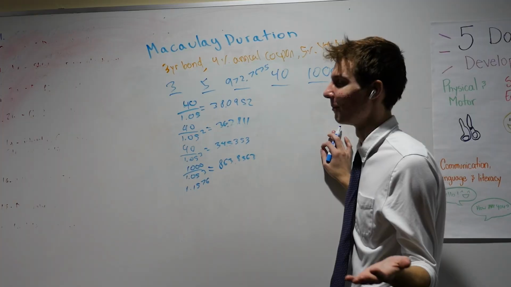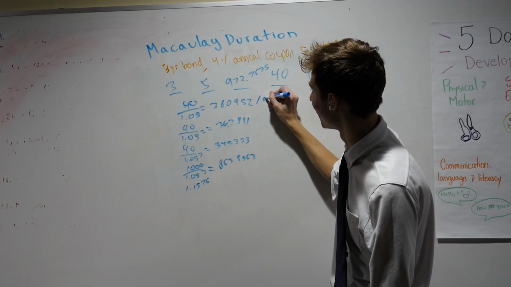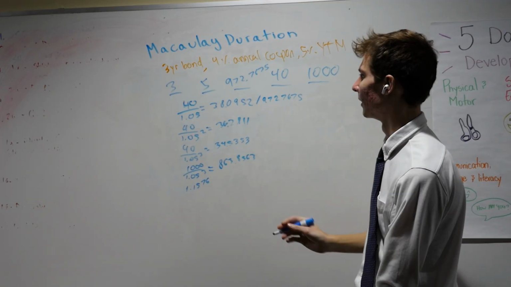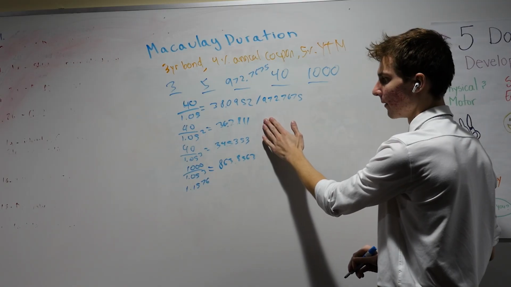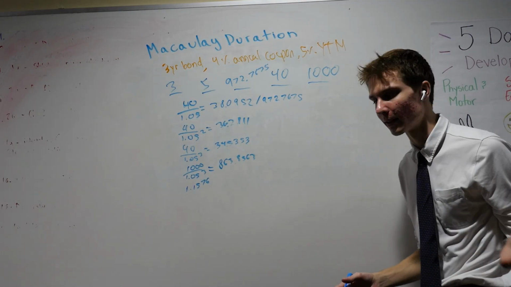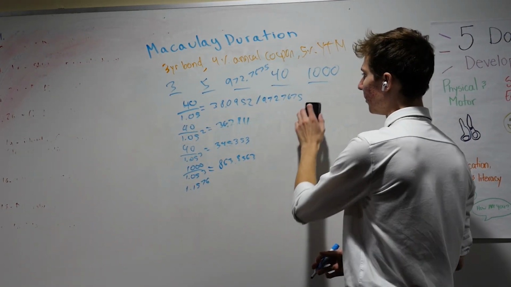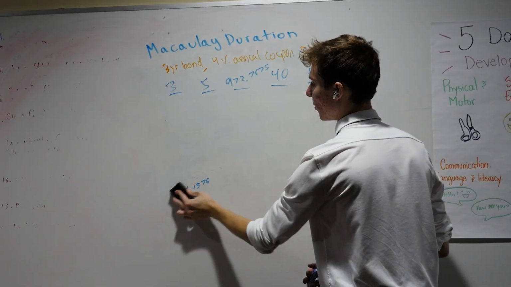And then from here, remember the present value we got from the original bond, so present value of the bond. Basically what you do is each cash flow, you divide it by the present value that you found for the bond. So it'd be divided by 972.765, and for the last one, same exact thing. And actually I will write that all out. It's pretty straightforward, but I'll give you the answer that you need for each one.